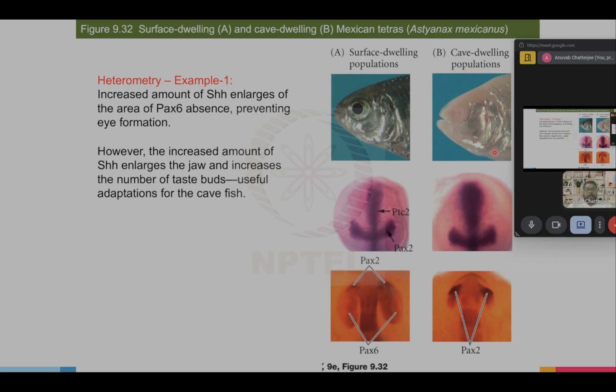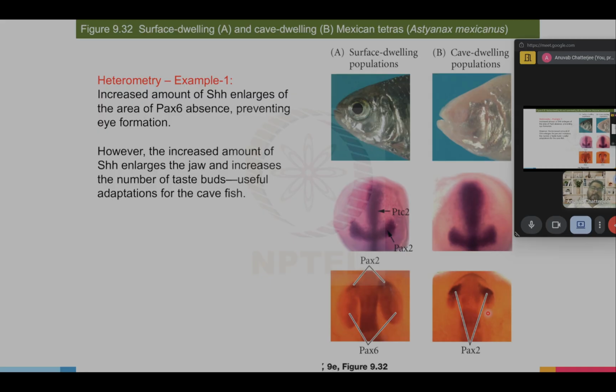In these fish, they have lost their eyes because of an increased expression of sonic hedgehog, which abolishes any expression of PAX6, and thus you do not have eyes in these fishes. You can see right here, PAX6 expression occurs in these two regions, which gives rise to our eyes, and these two regions are missing in the cave dwelling fishes.